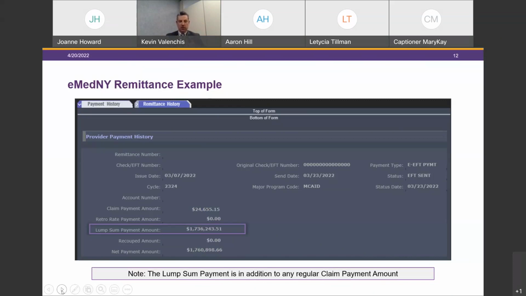So the note is just trying to show you that in this example, the lump sum is an additive amount to your typical claiming amount. I think that concludes my component of the presentation.